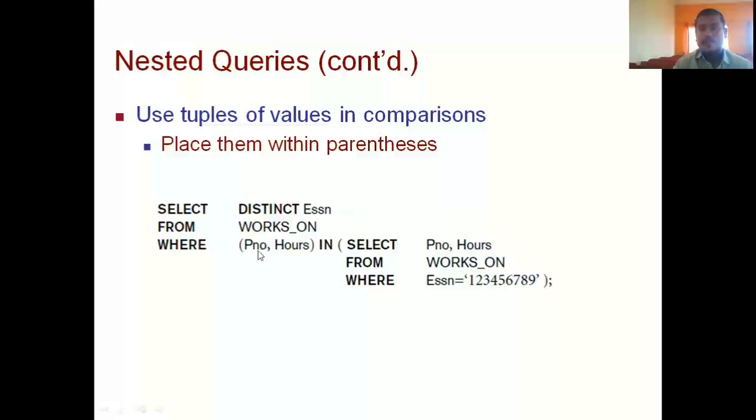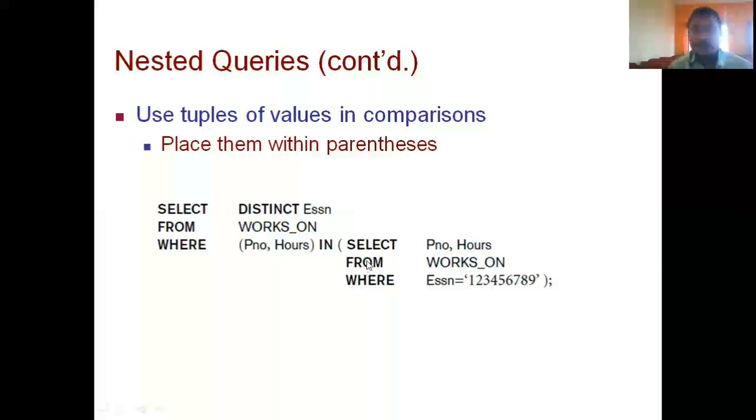So where project number and hours, these PNO and hours are the two attributes, and again it is a nested query. Select project number, hours from works_on where ESSN, directly I am mentioning the employee number, ESSN 1 2 3 4 5 6 7 8, meaning I want this candidate's information.